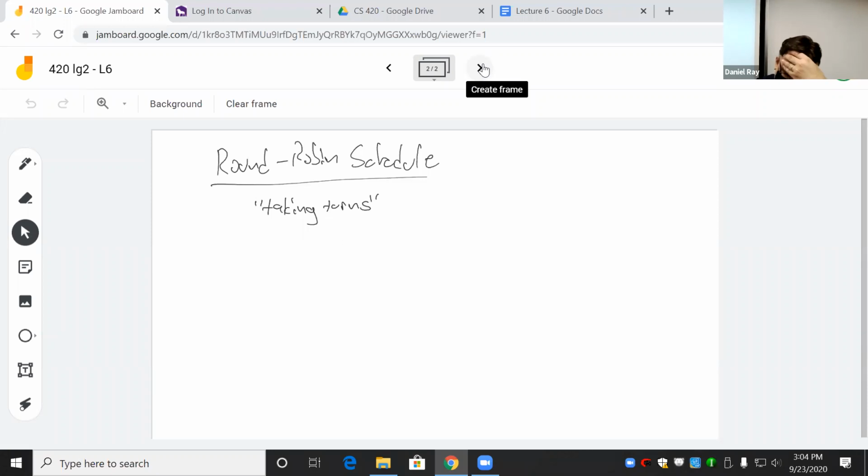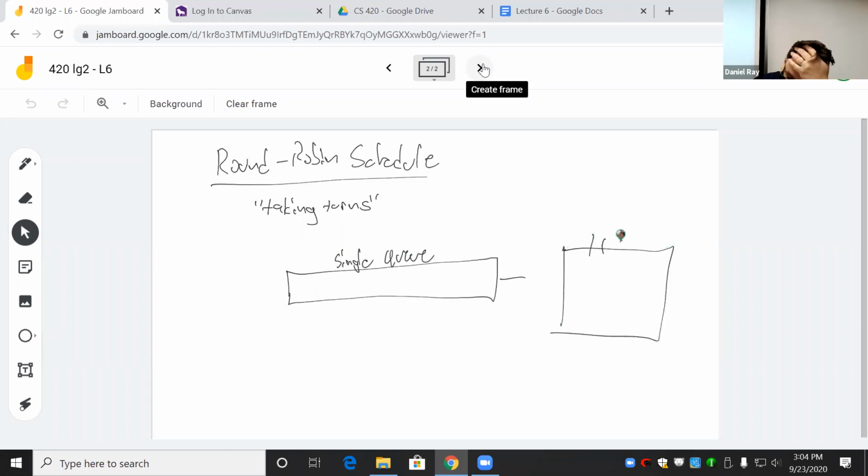So what does round robin look like? It looks like this. It is based on a queue, okay? So there's a single queue that feeds our processor. And this is my best attempt at drawing the graphical representation of a processor.